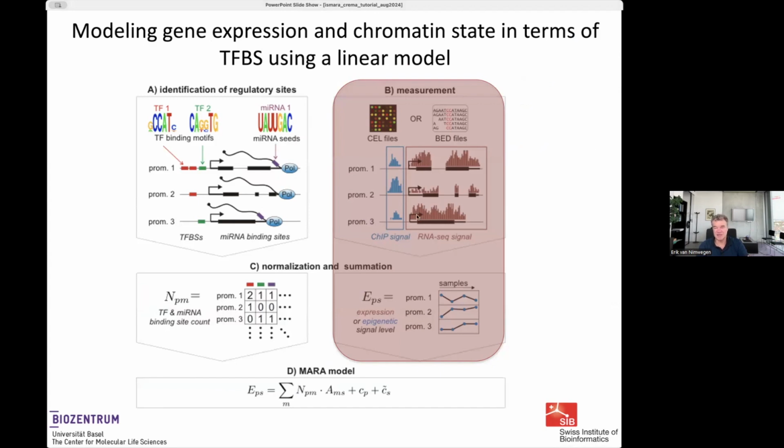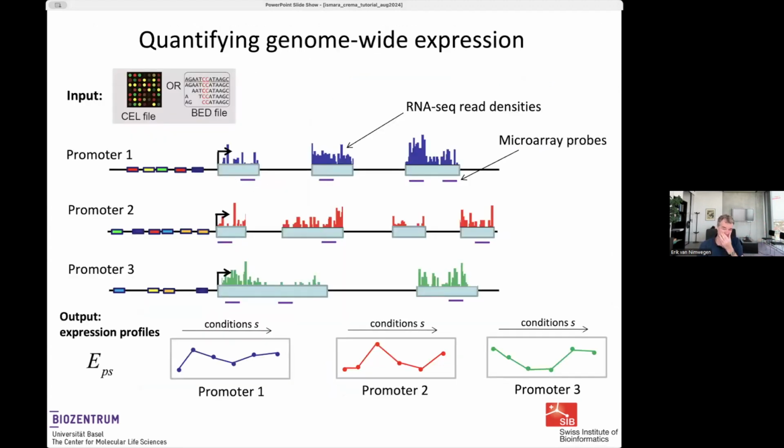The second part is now we're submitted data, and we basically have to process the raw gene expression data that we're given. The way this works is for RNA-seq, we essentially just map all the reads to the transcripts so that we can quantify the gene expression of each transcript in the genome. We also still allow people to upload microarray data.